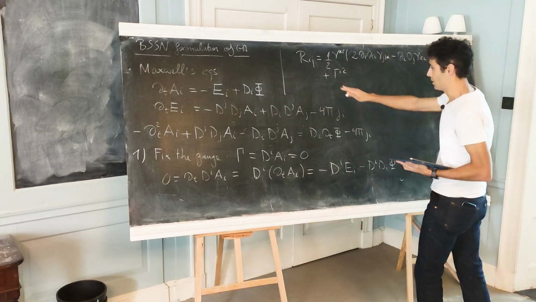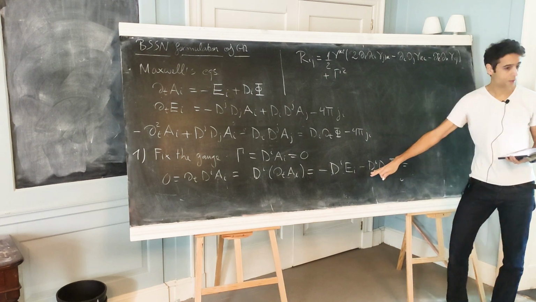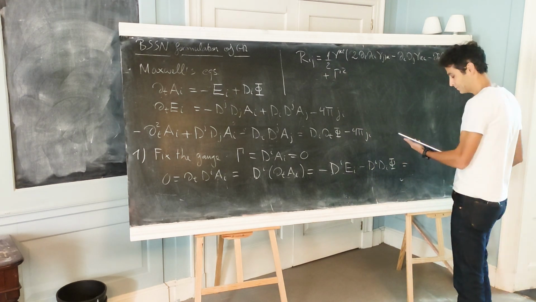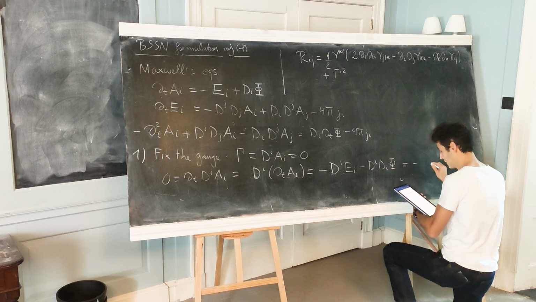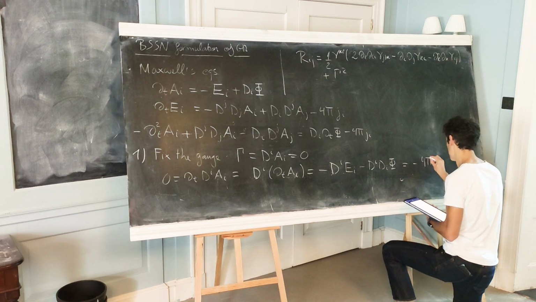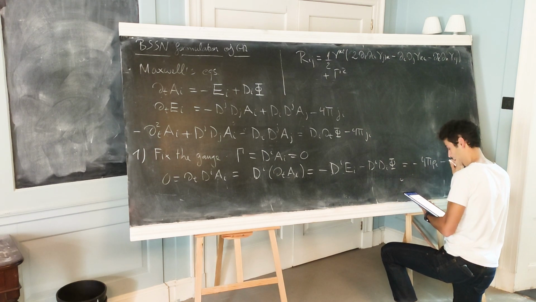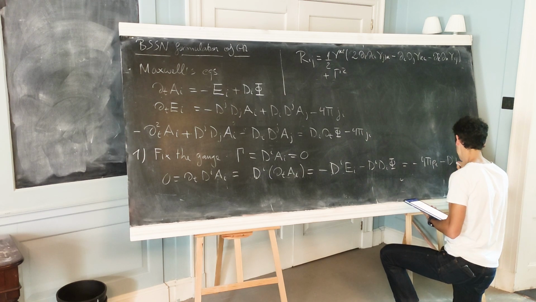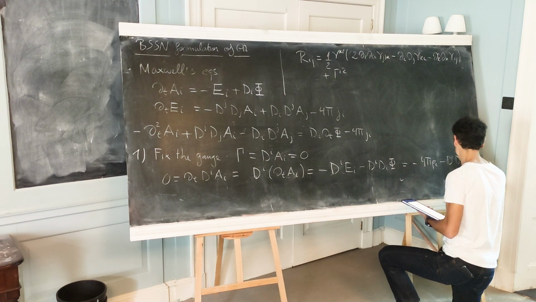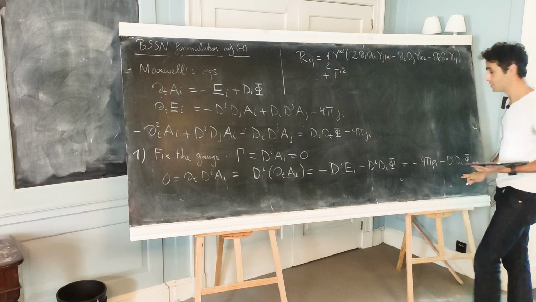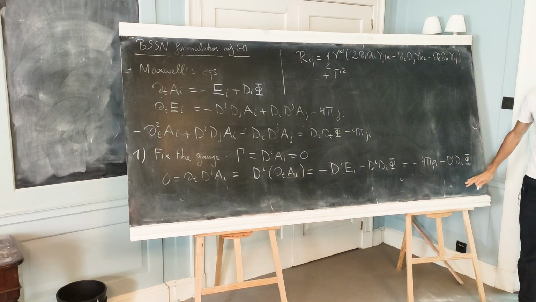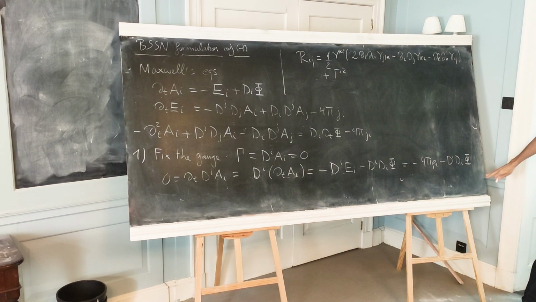And now we use, oh, I erased that, the constraint that the electric field has to satisfy. And now this gives us a constraint on the scalar potential. So basically, this tells us that the scalar potential has to satisfy a Poisson-like equation.